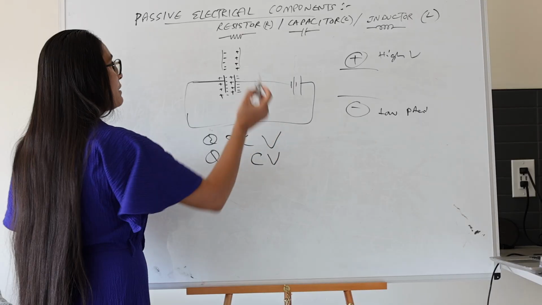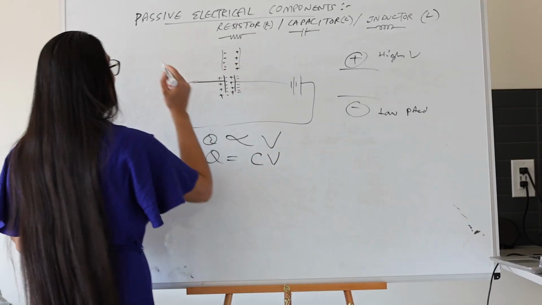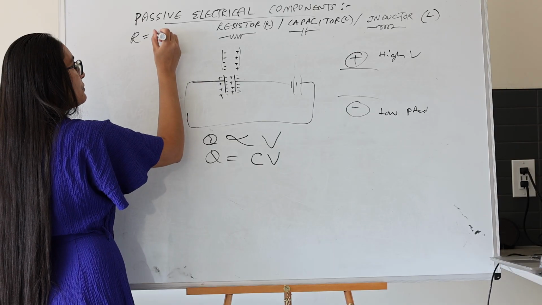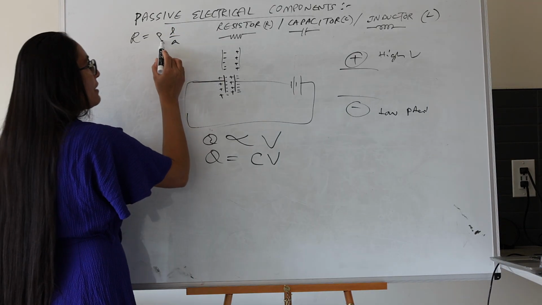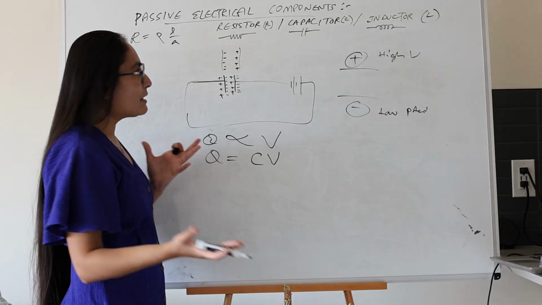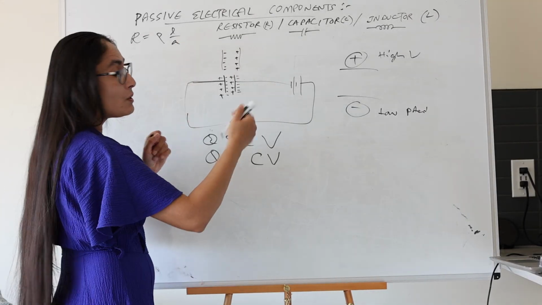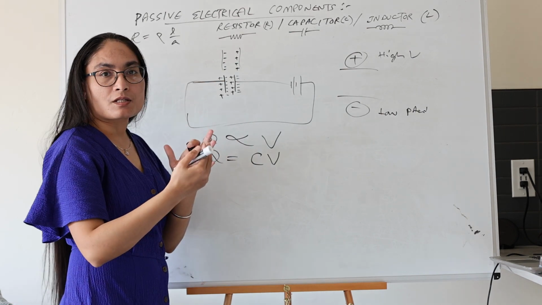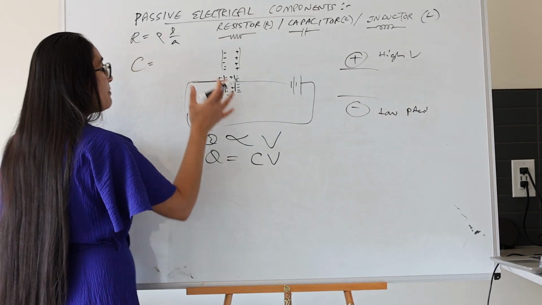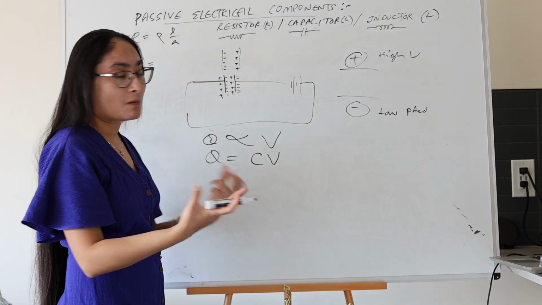Similar to resistors, where resistance is equal to rho L over A, with rho the resistivity, which is the material's property, L the length of the wire, and A the cross-sectional area, capacitance is also dependent upon the material that makes up a capacitor.